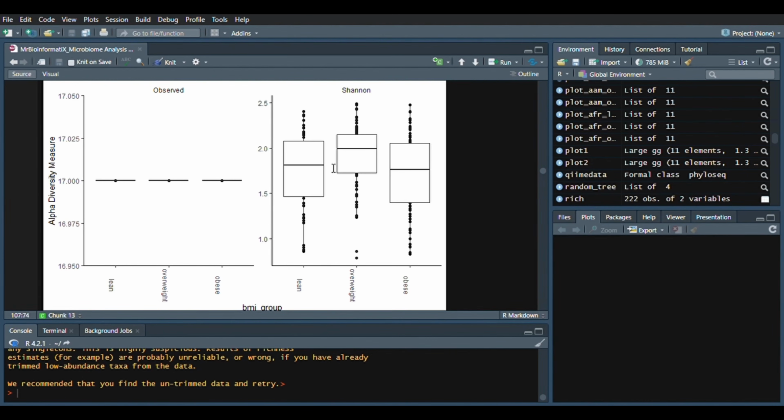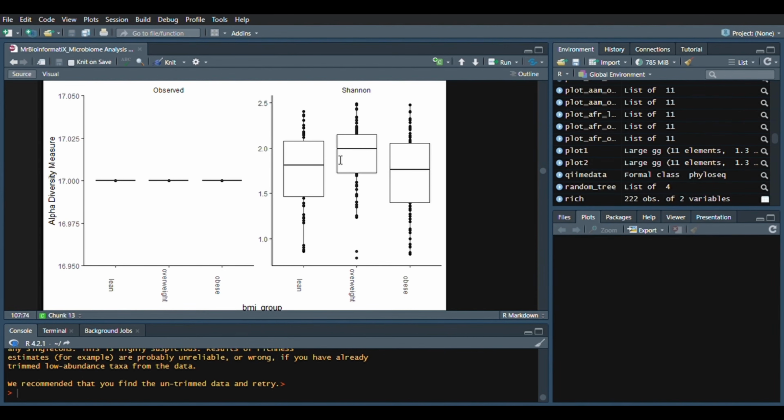Regarding the lean group, the median Shannon diversity index is around 1.75, which suggests that microbial diversity in lean individuals is moderately low. The box size, indicating the interquartile range or IQR, shows some variability in diversity among individuals in this group, but it's not extreme.